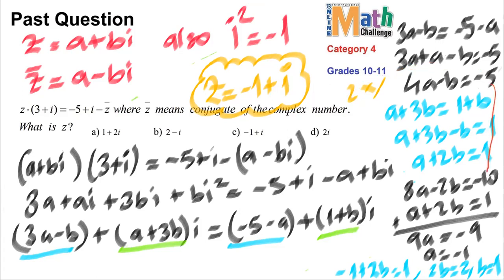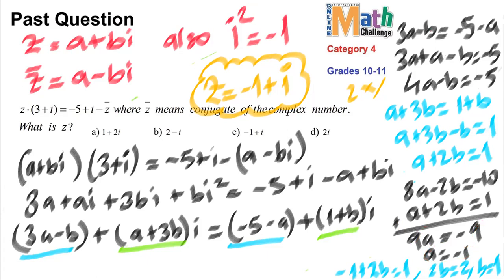We just copied this one more time. Now look at these two equations. If we add side by side, these two will cancel out. And here we will get 9A and negative 9. If we divide both sides by 9, A comes as negative 1.